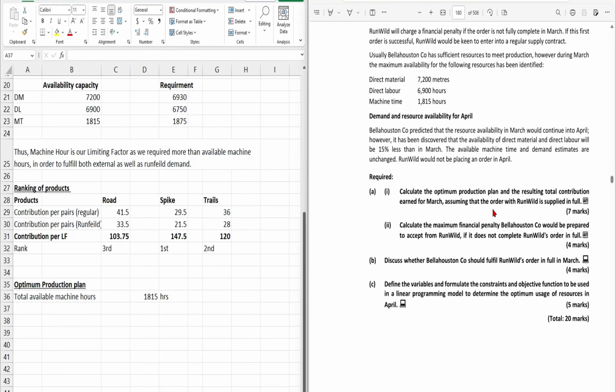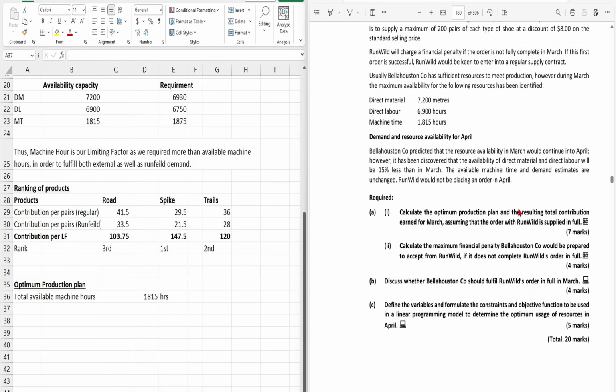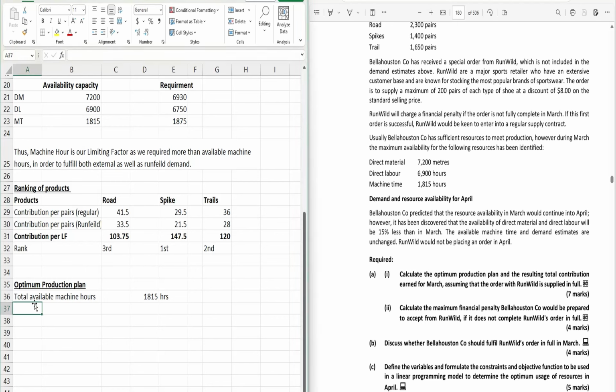Okay, so we will fulfill the Runfield order in full first. So first let's fulfill the Runfield order. How much time will the Runfield order require?